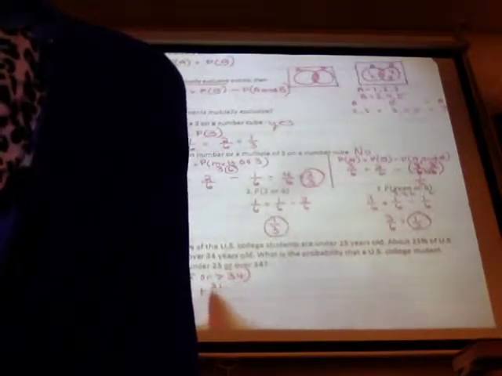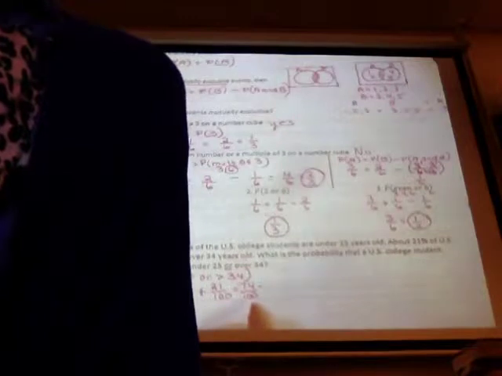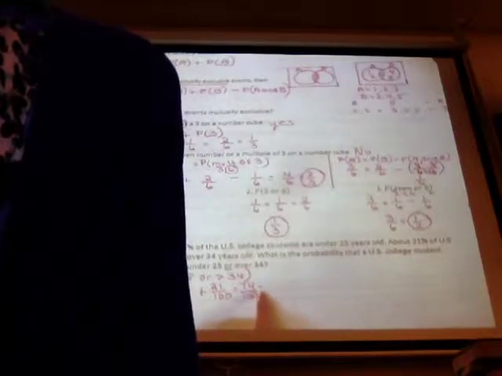How would I write that as a fraction? 53 over 100. And here, this is 21 over 100. And you get 74 over 100, which will equal 37 over 50.